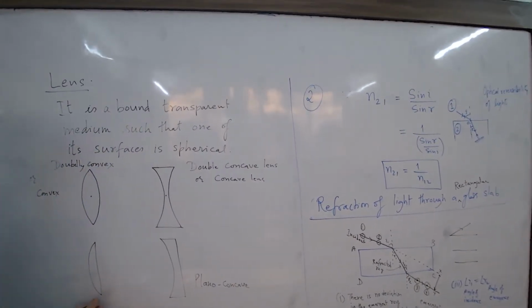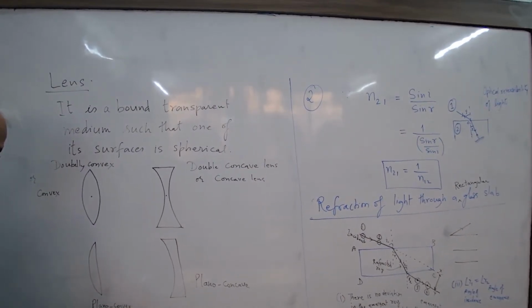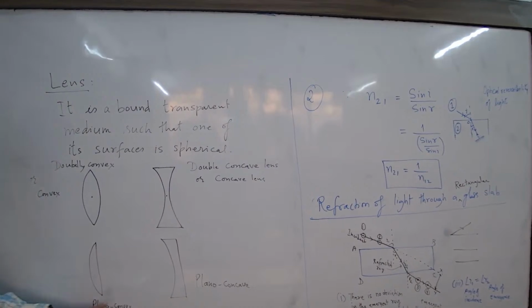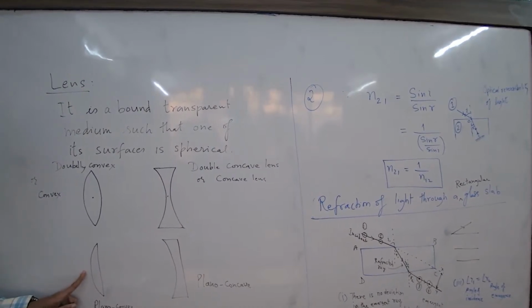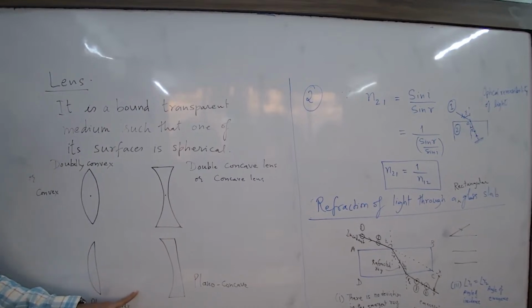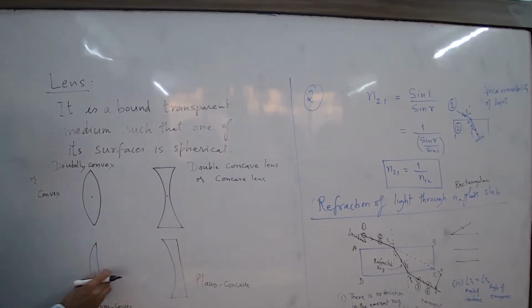This is plano-convex. So the final word is the deciding factor. So it is a convex lens. But which type? Plano-convex. This is a concave lens. Okay, so it is thinner in the middle and this is thinner at the edges.